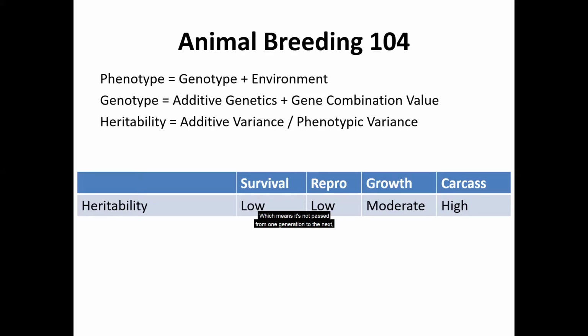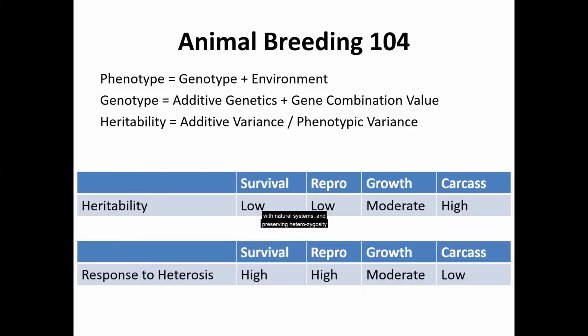Hybrid vigor, or heterosis, is a gene combination value. It's a genetic effect, but it's not additive, which means it's not passed from one generation to the next, but it's still a genetic effect as opposed to an environmental one. The response to heterosis for these traits is opposite to their heritability.